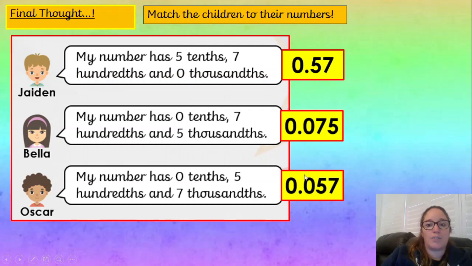So this is 0 tenths. But she's got 7 hundredths and 5 thousandths, whereas Oscar's got 5 hundredths and 7 thousandths. So well done if you managed to get those in the right order. I did get them right, I just didn't get them showing up at the right time, but we can't do everything right all the time.